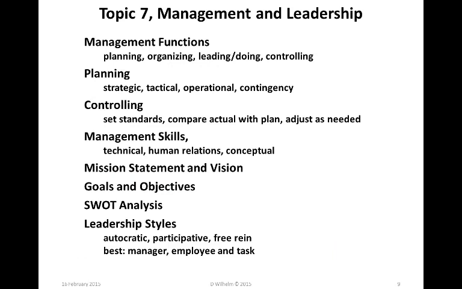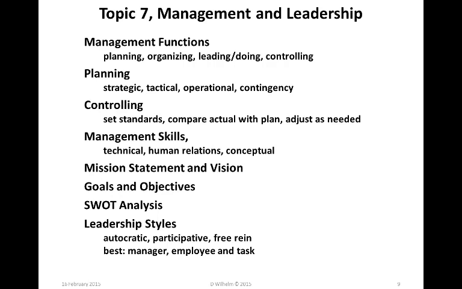Management functions can be broken down into planning, organizing, leading, doing, and controlling. Planning can be broken down into strategic, tactical, operational, and contingency. Strategic planning is high-level, long-term planning that looks out 5 to 20 years, depending on the industry.